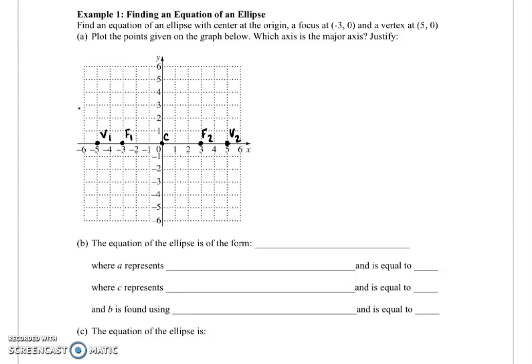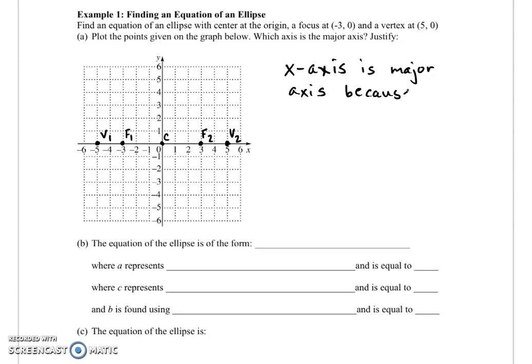Okay, which axis then is the major axis? Well, the x-axis has to be the major axis. And that's because the major axis always has the vertices, the foci, and the center on it.